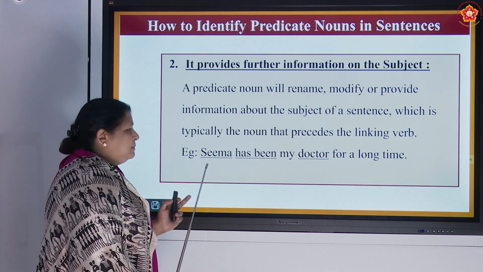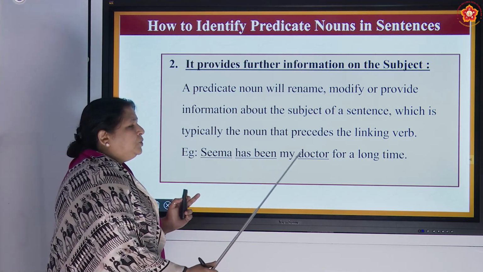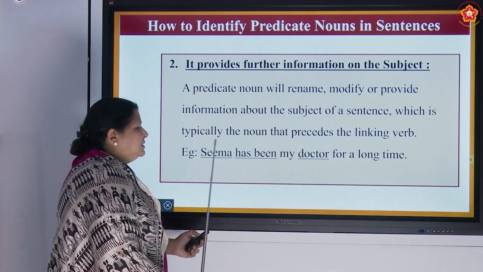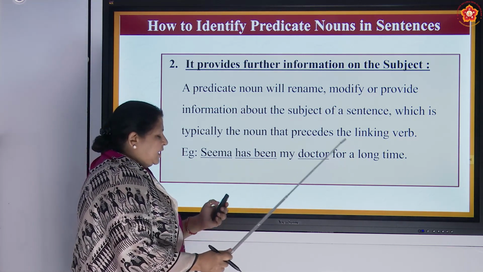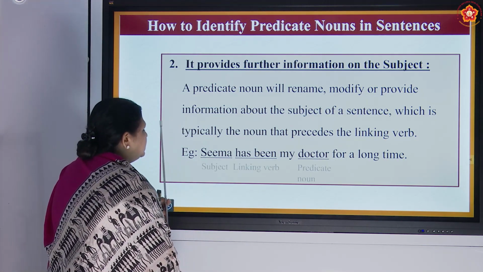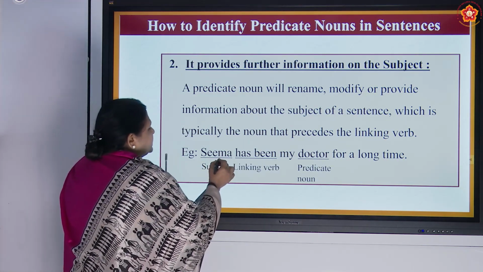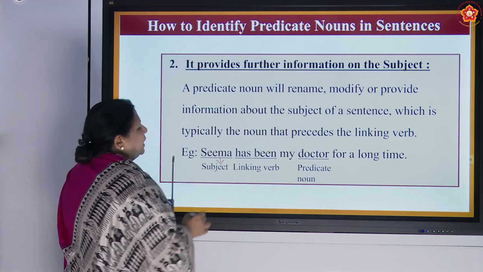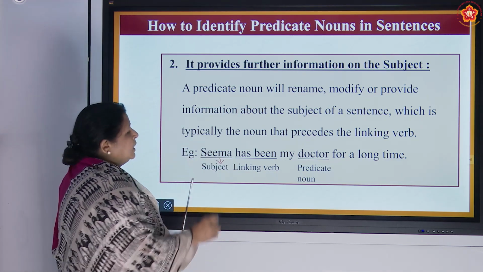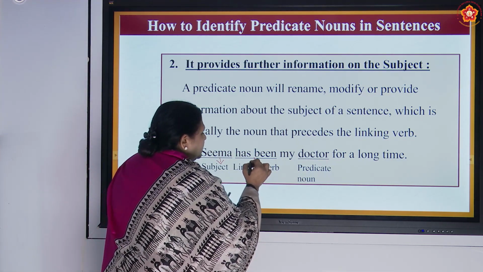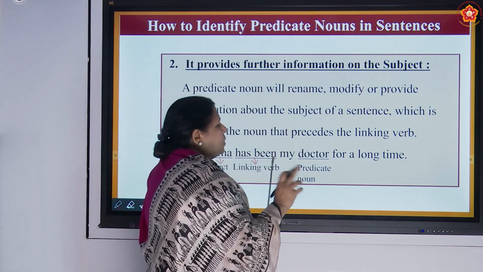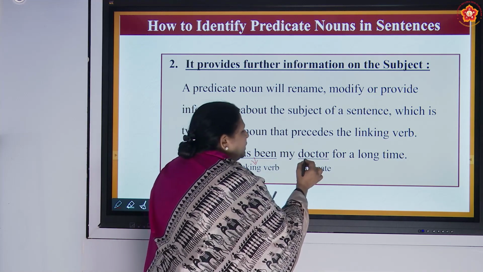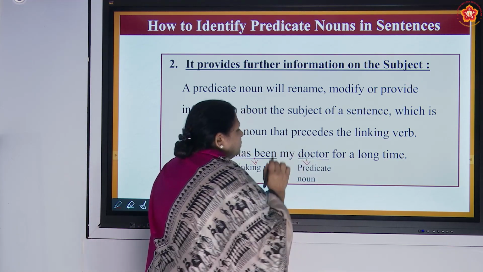Seema has been my doctor for a long time. Now let us see what the subject is. Yes, the subject is Seema. Then what is the linking verb? Has been. So the linking verb is has been, and in my doctor for a long time, the predicate noun is doctor.